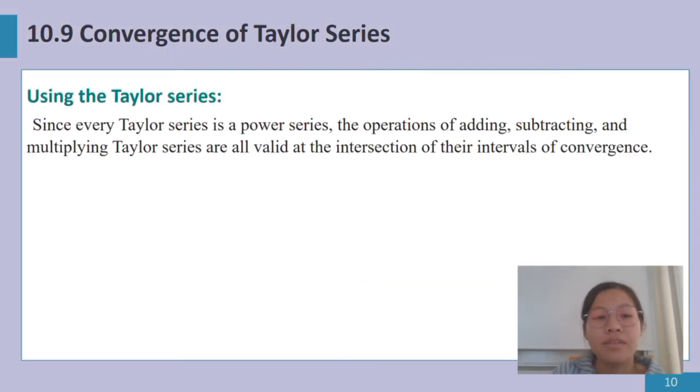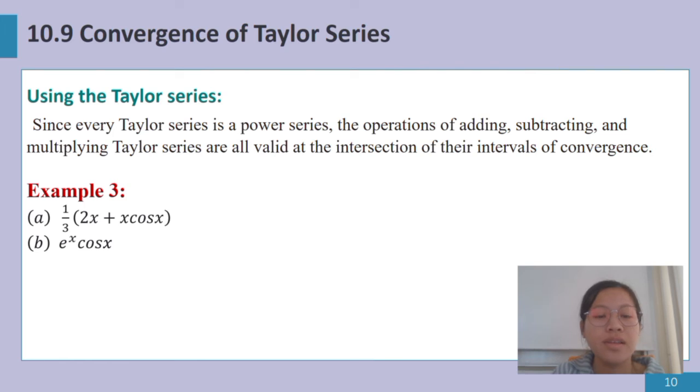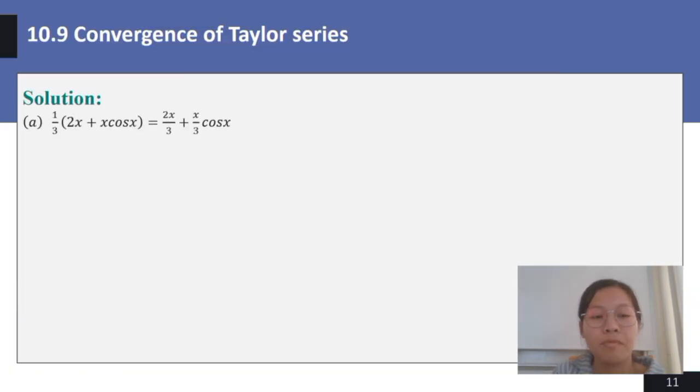So, using the Taylor series. Since every Taylor series is a power series, the operations of adding, subtracting or multiplying Taylor series are all valid on the intersection of their intervals of convergence. Let's look at the examples. We have two examples over here. For A, we have 1 over 3 of 2x plus x cosine of x.